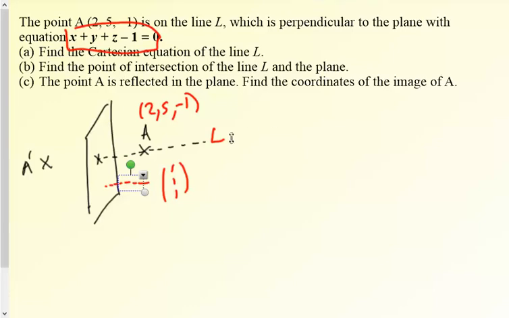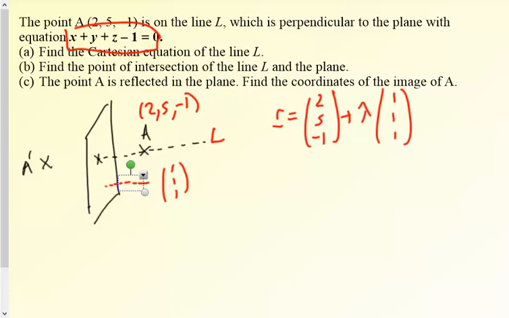So the equation of the line, well, that's very easy if we want it in vector format, because we've got a point on the line, (2, 5, -1), and we've got a direction which is (1, 1, 1). So very simply we can write the equation of the line as r equals (2, 5, -1) plus lambda (1, 1, 1). Now let's just go back to the question.